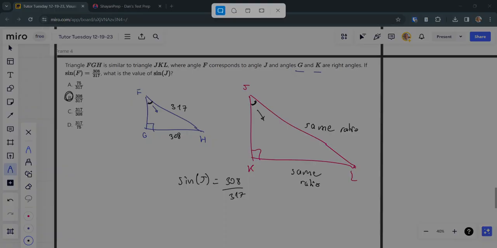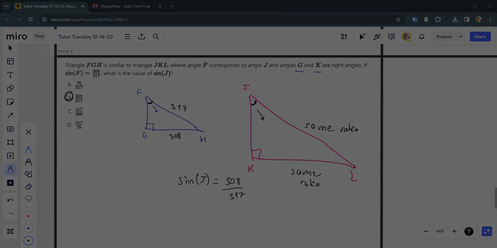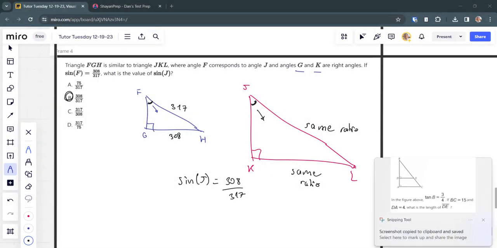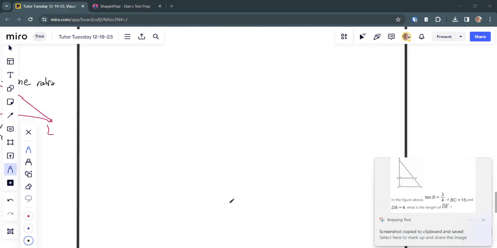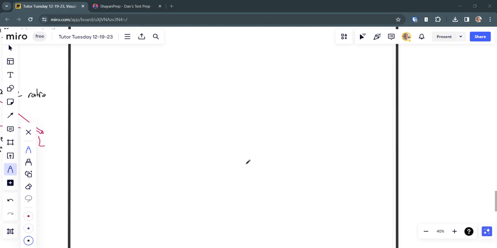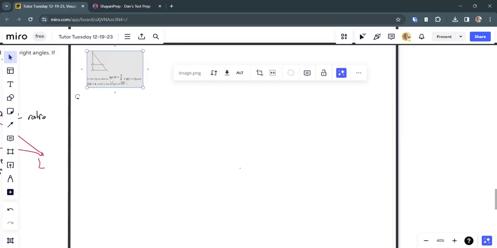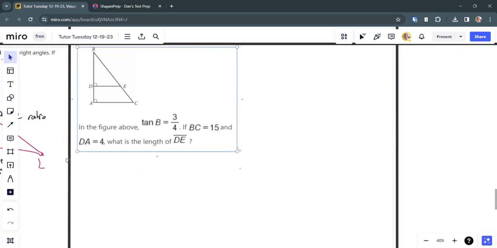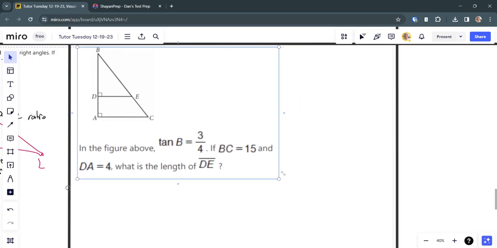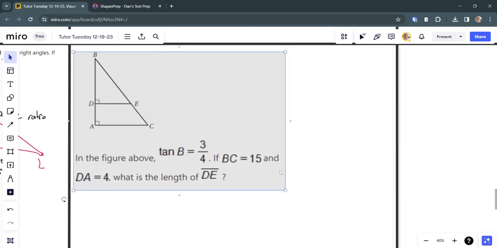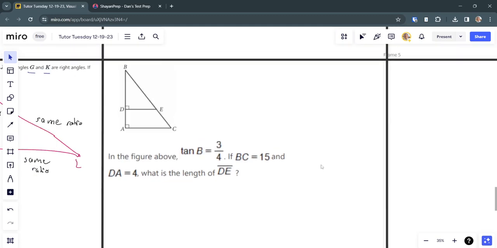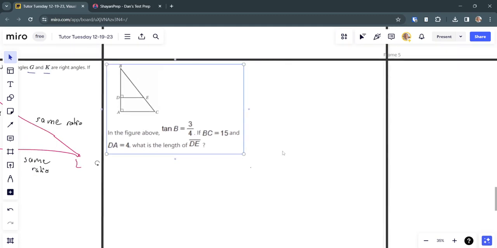Oh, I remember doing this one. This one was annoying. See what we got here. Okay. Make that a little bit smaller.